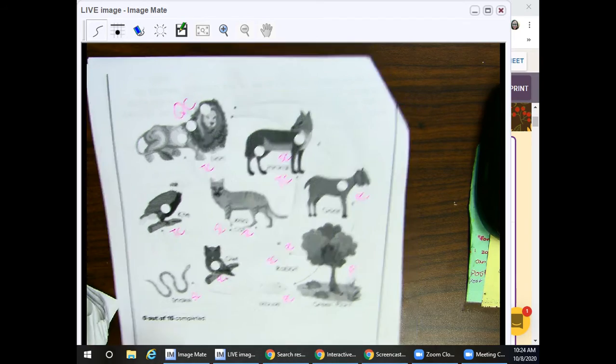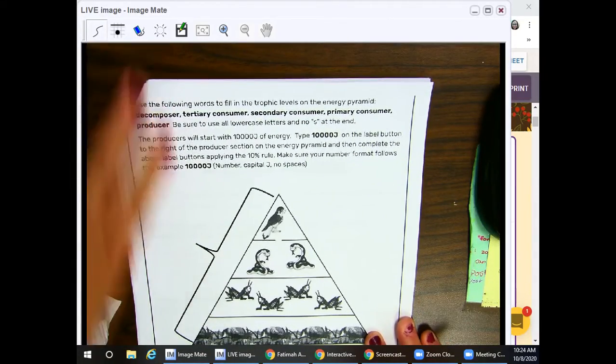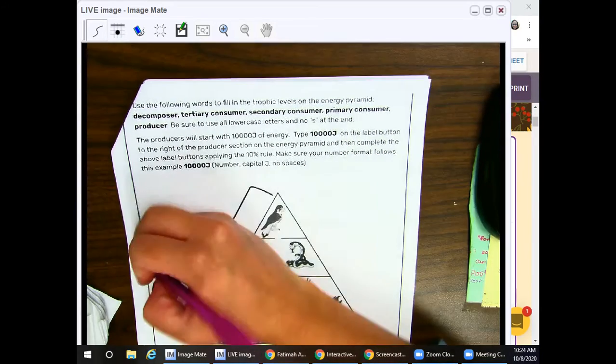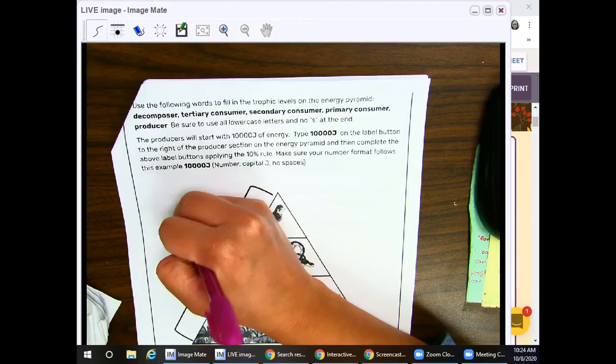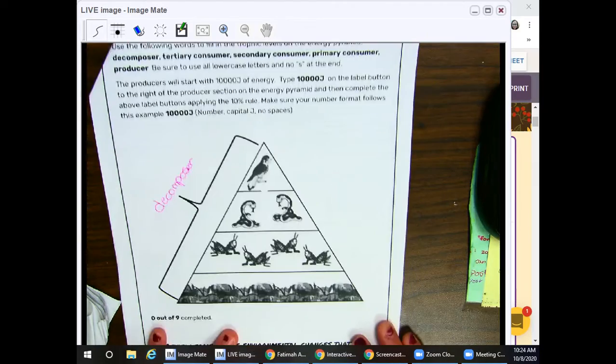All right, so now we're going to use our food web, and we're going to fill in the trophic levels on the pyramid. So decomposers are going to feed off everything in a food web.